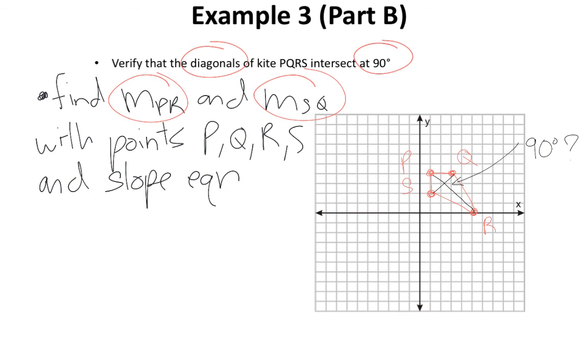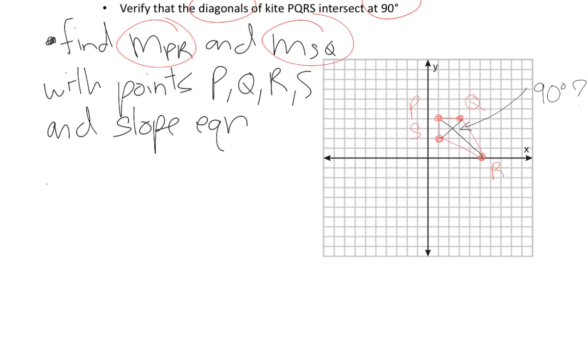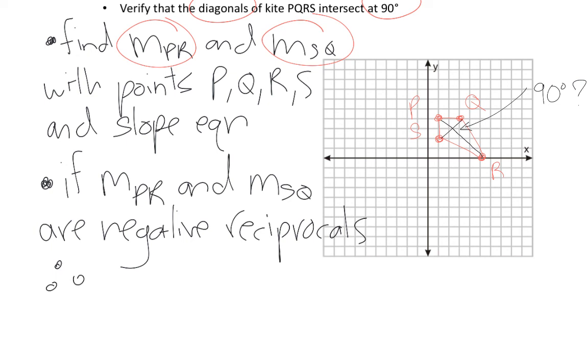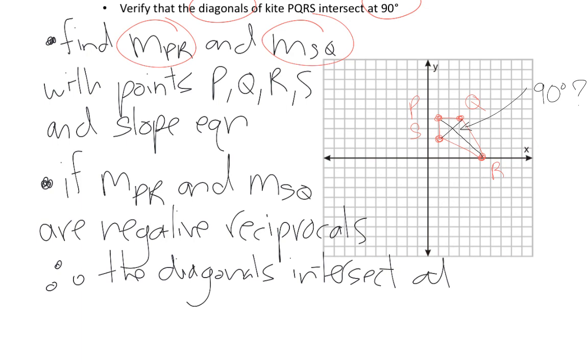Once we figure out the slopes of these diagonals, we need to interpret them. So let's write a step for that. If the slope of PR and SQ are negative reciprocals, therefore the diagonals intersect at 90 degrees.